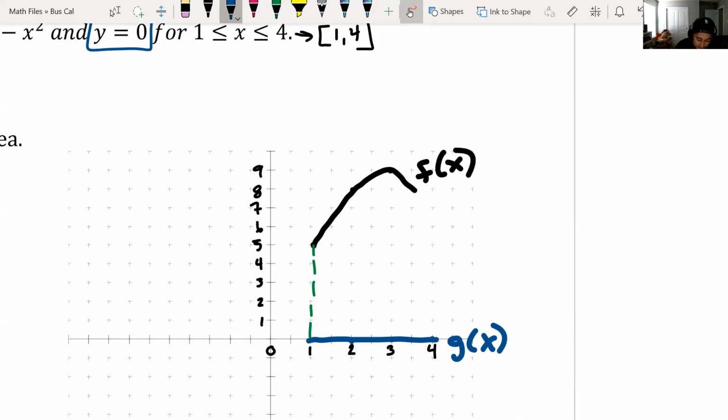Oh, I didn't extend that over there, did I? Nope. This should have been 4, 8, right there. There we go.